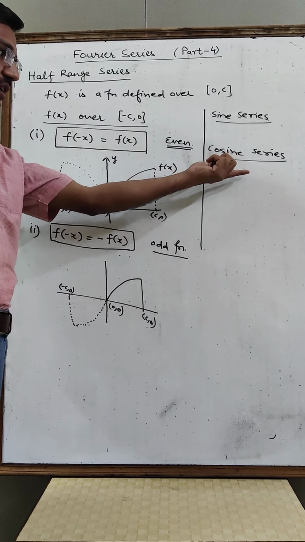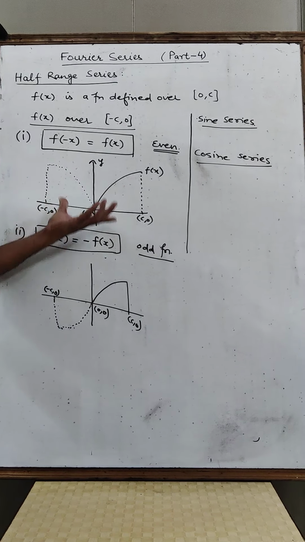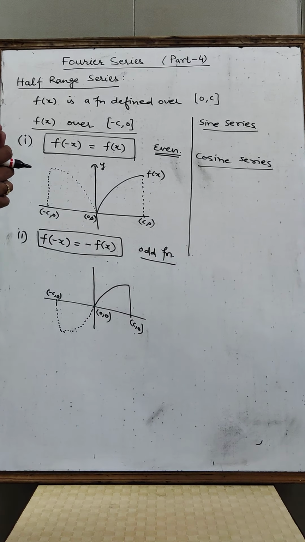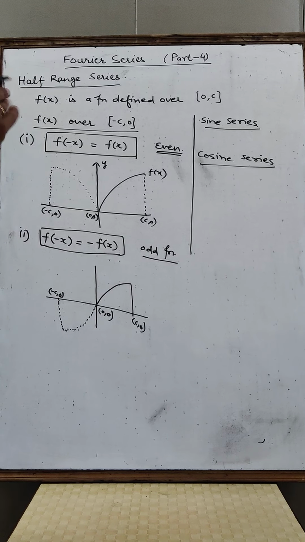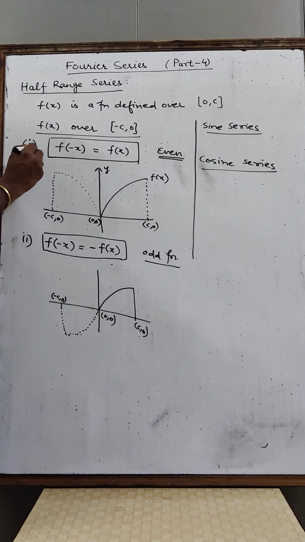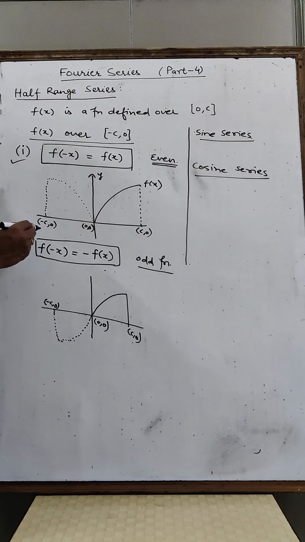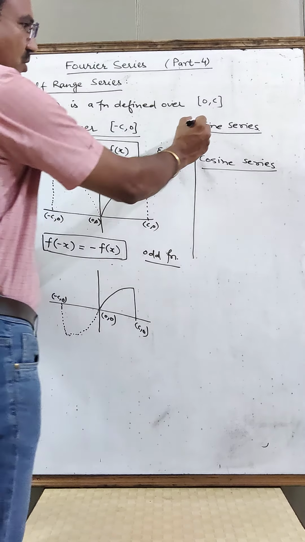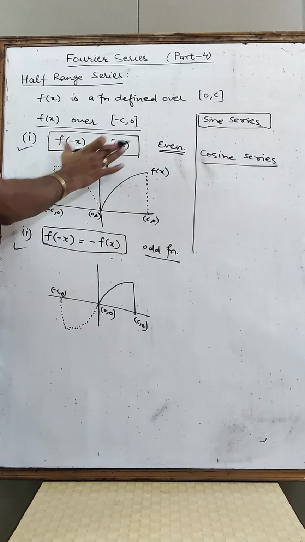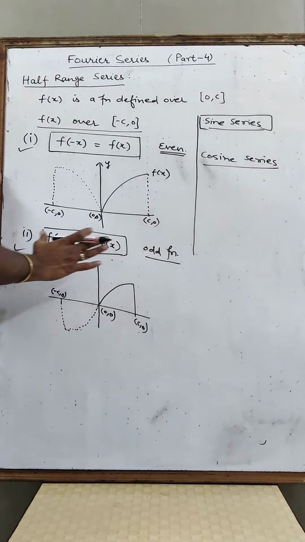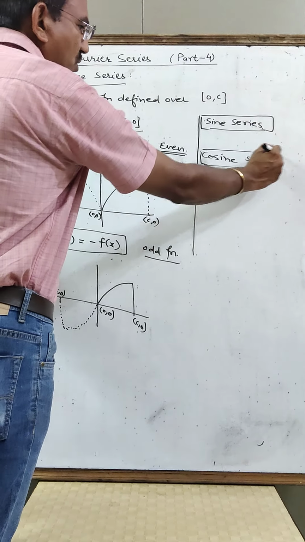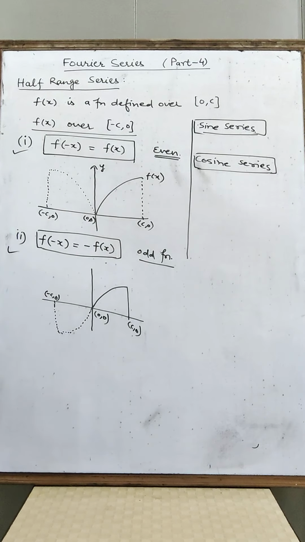Similarly for a cosine series, we will check from our results. So no need to cram. In every situation we will extend the function as an even function or as an odd function, and we will check which type of series we get in each case. So let's check it out.